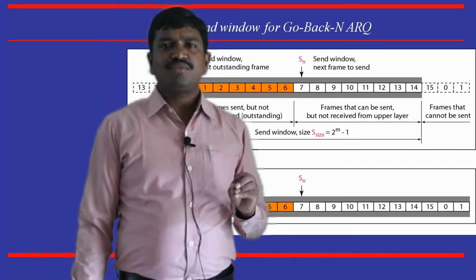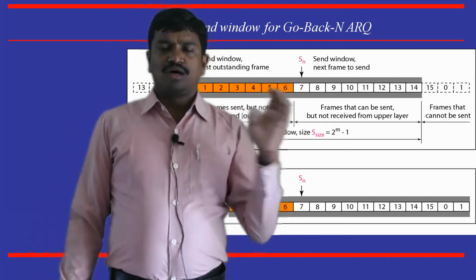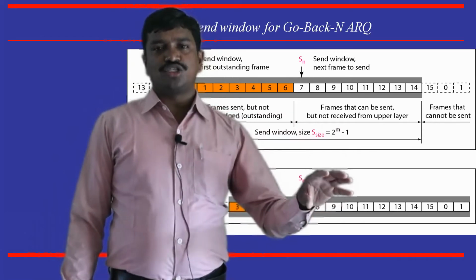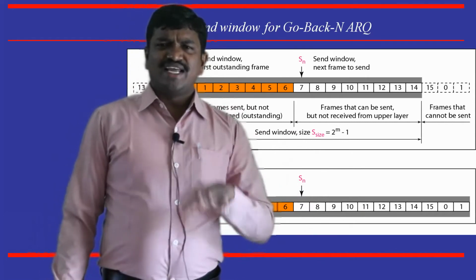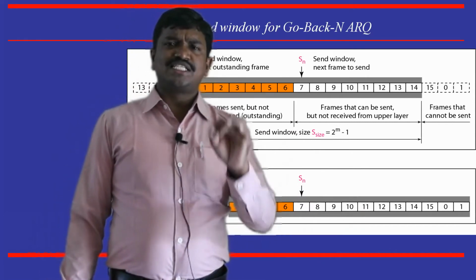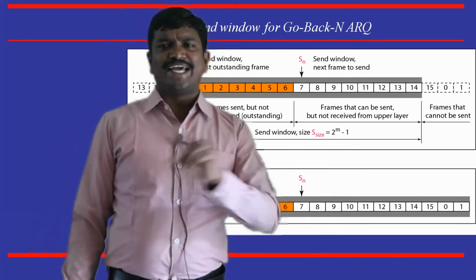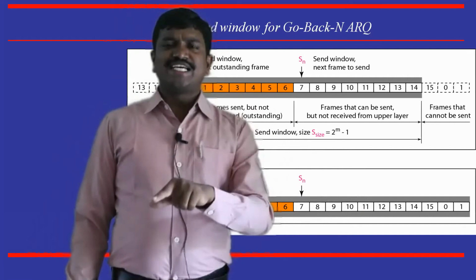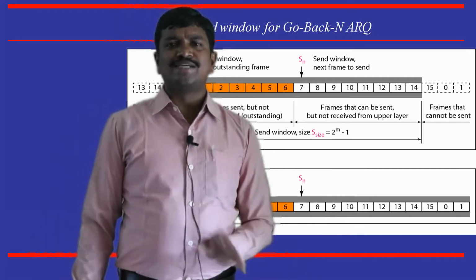I repeat, if the third frame is delayed or lost but you have sent the 4th, 5th, 6th, remember the receiver receives only one frame at a time, and it must match the expected frame number. If it is expecting 3 and you send 4, 5, 6, those are simply ignored.